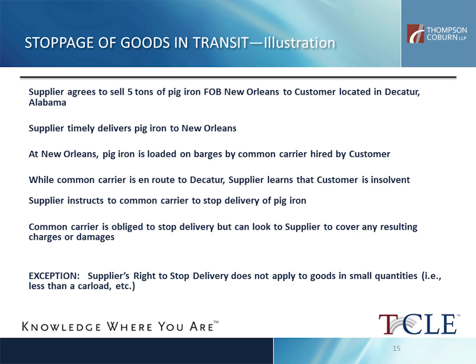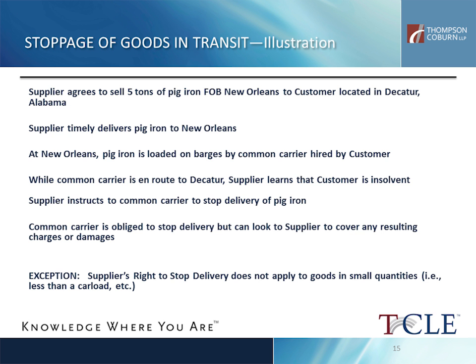One additional exception that's important to note is that the right to stop delivery does not apply where the goods are being shipped in smaller quantities. So if you're working with a freight forwarder who may have consolidated loads for shipment, you're not going to have a right to stop delivery because you can't interfere with the shipment of other parties' goods.